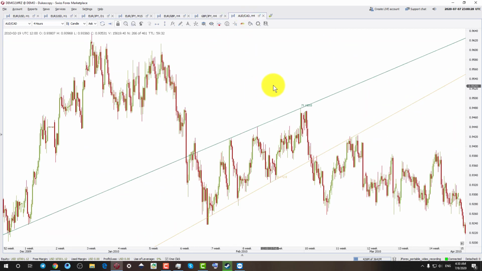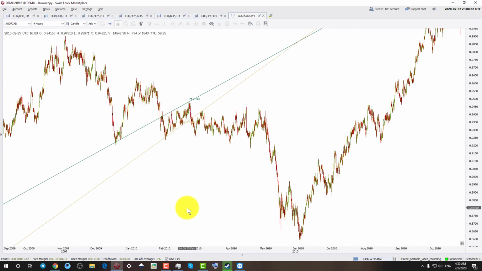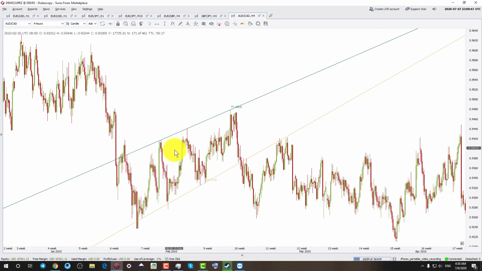Same way in the Australian dollar against the Canadian dollar, you see, although this is not a very matured reversal, yes, it is a small reversal, or you can also say it is a continuation pattern. The price was going downwards, and then it formed a rising wedge and then broke out of it. After that, there was a retest of this pattern support as the fresh resistance.